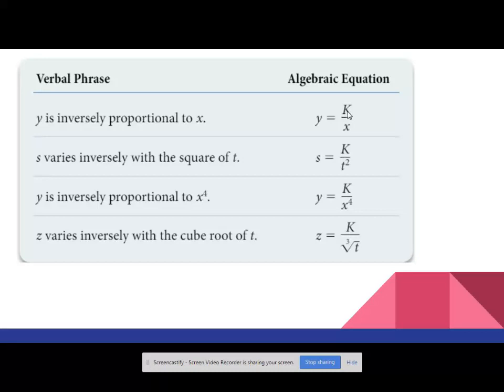It's some constant number divided by x, or divided by the square of x, or the fourth of x, or the cube root. So you can do it with anything, just like we did with the direct variation, except instead of times, it's divide. And really, that's the only difference between the algebra of direct variation and inverse variations.